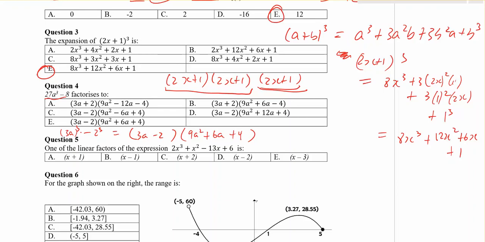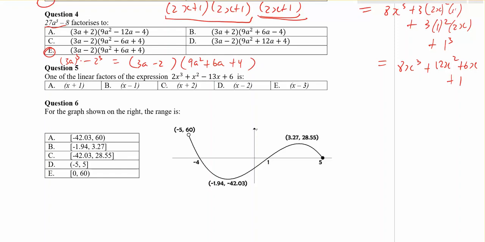Question 5. One of the linear factors is, so you try each one. P of 1 equals 2 plus 1 minus 13 plus 6. No, that does not equal 0. P of negative 1. Let's try that. Negative 2 plus 1 plus 13 plus 6.